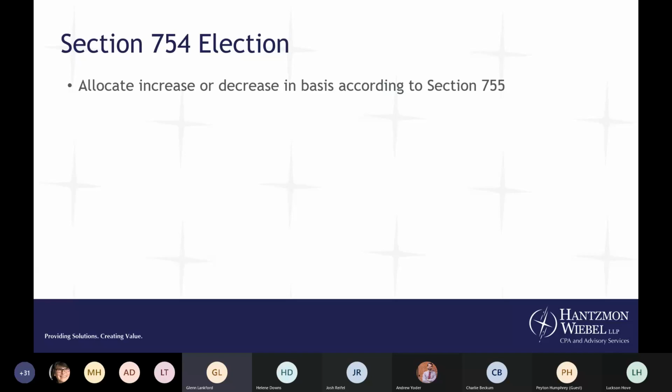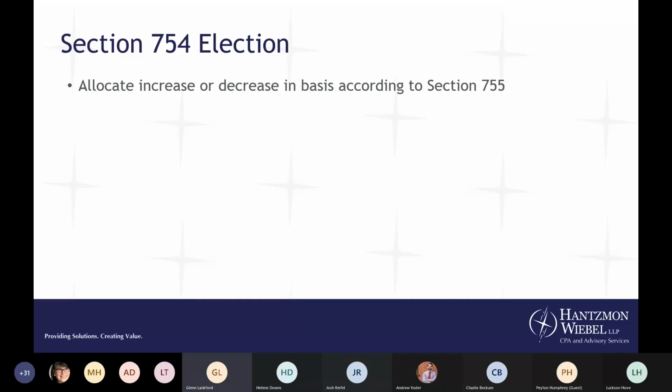And that gain is going to pass through to the partner who received the transferred interest, and they're going to have to recognize that gain, which would be greater than what they would have to recognize had a 754 election been made.